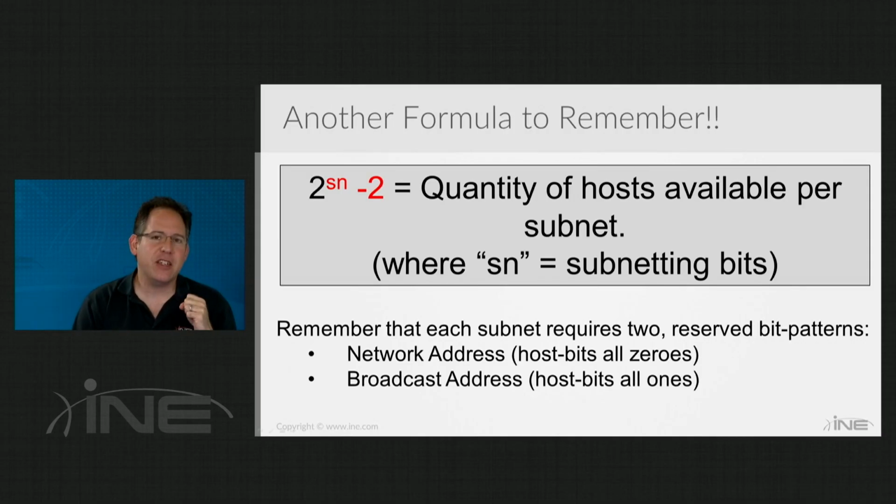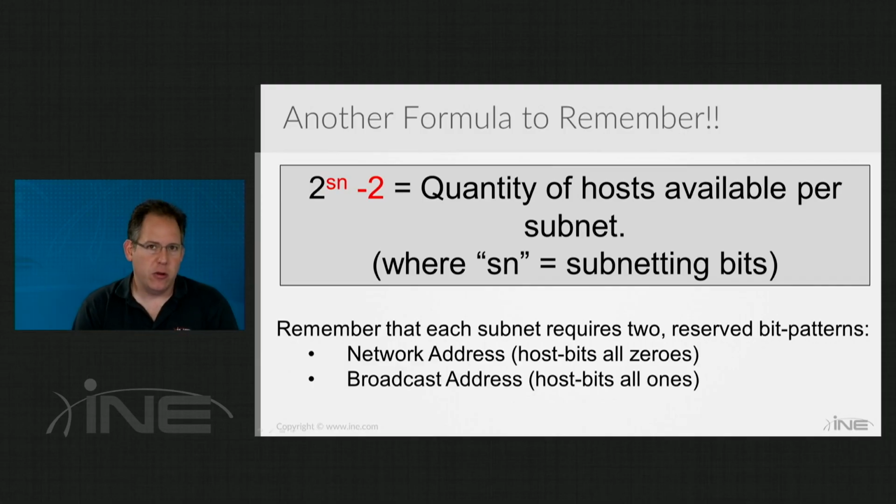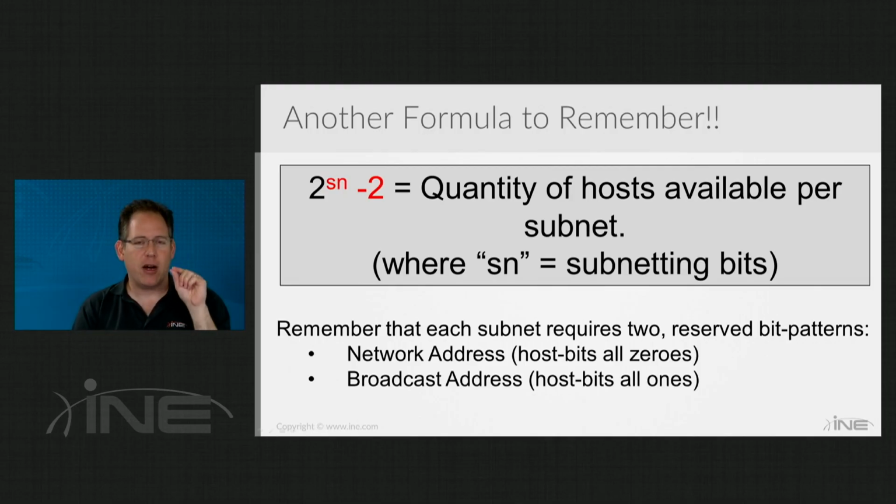The second piece of that is, each one of those networks in your organization is going to have a certain quantity of hosts in it, right? If you're creating a network for your engineering department, if you're creating a network for your payroll department, you're going to have to also be aware of, okay, not only is that a discrete network that needs its own group number, its own network number, but I also need to be aware of how many devices within that network are going to need discrete IP addresses.